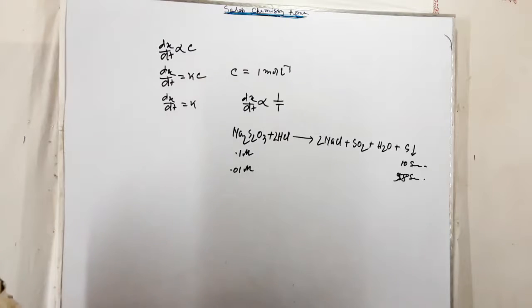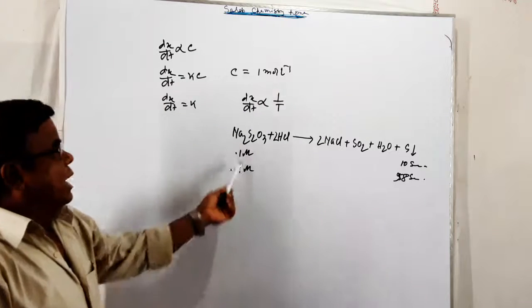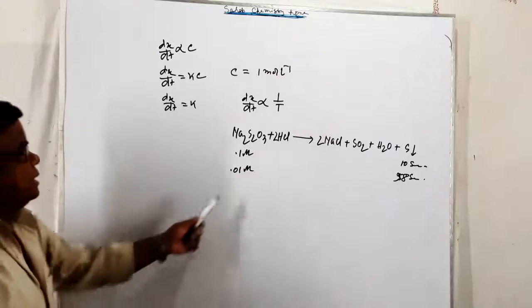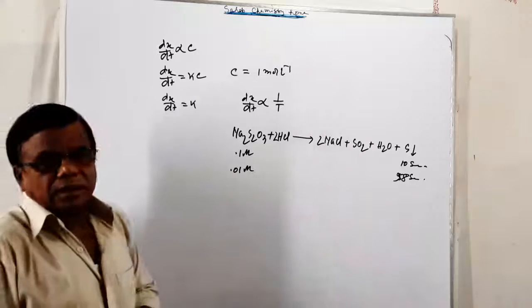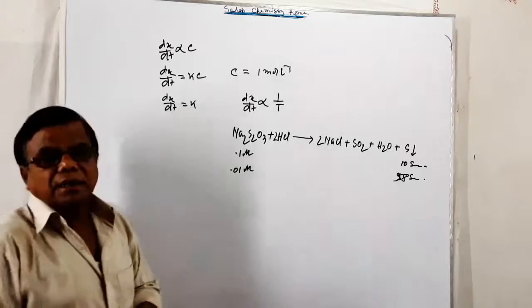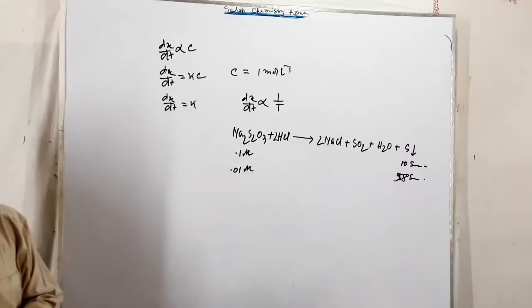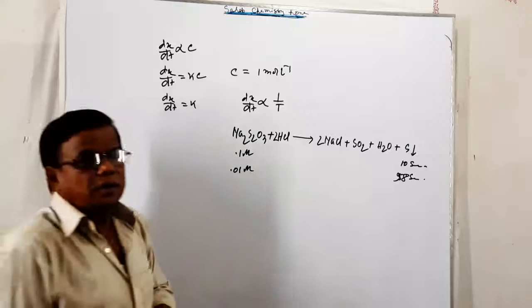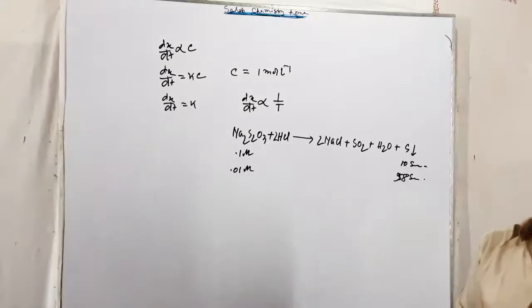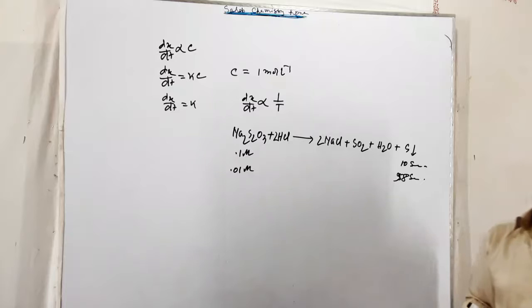That is, when the concentration of the reactant sodium thiosulfate decreases, the rate of the reaction also decreases. That is, on increasing the concentration of the reactant, the rate of reaction also increases.